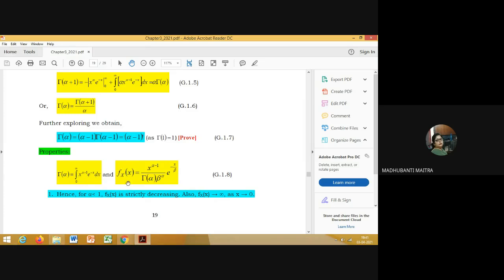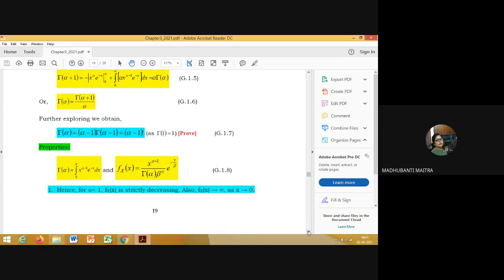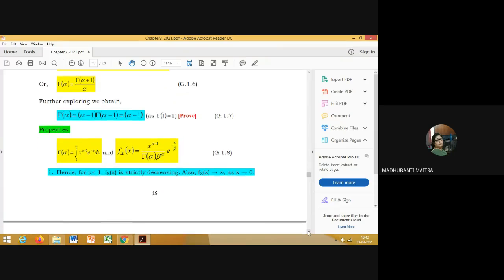Already we have seen the density function for a gamma distributed random variable is given by x to the power alpha minus 1 by gamma alpha beta to the power alpha, e to the power minus x by beta. From this we can note the first property: if alpha is less than 1, fx is strictly decreasing.